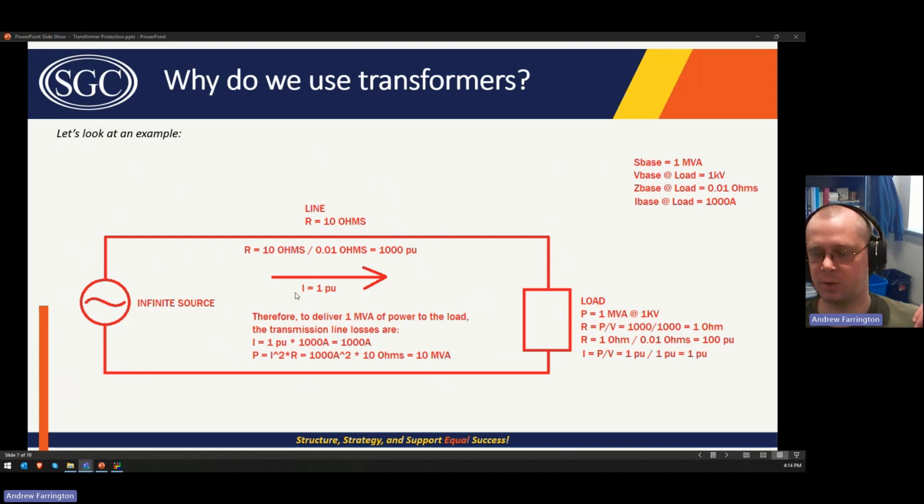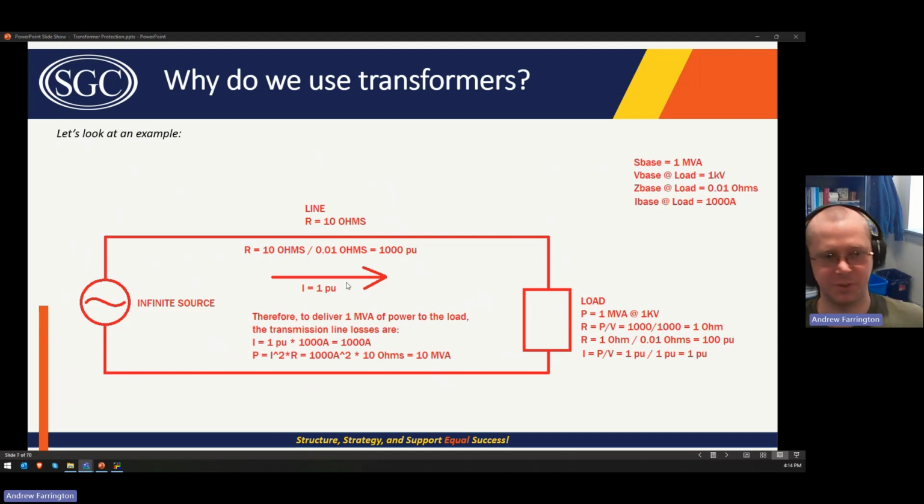And because of that 1 per unit current divided by the 0.01 ohms, you get 1,000 per unit of R, and therefore you get line losses of 10 MVA. So you have 10 MVA of losses in order to provide 1 MVA to the load.